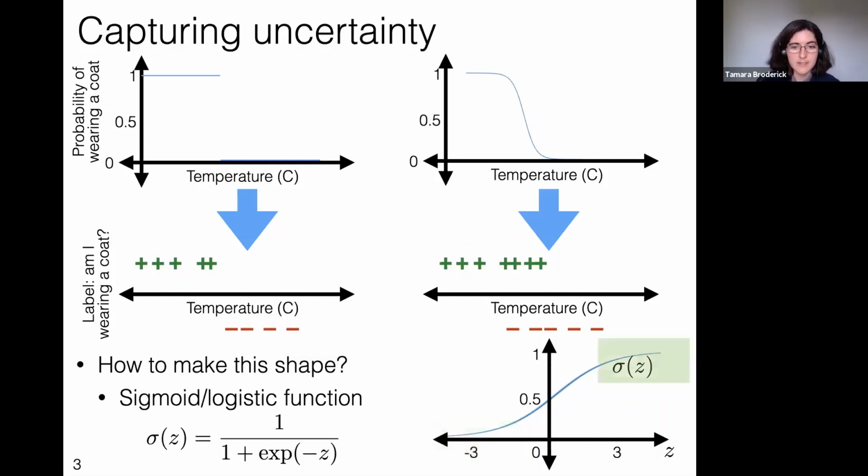On the other end, z gets really, really big, so negative z gets really negative. So the exponential of negative z gets really close to 0, and we're dividing 1 over 1 plus something really close to 0. So that will be near 1. So this function is always going to be basically between 0 and 1.